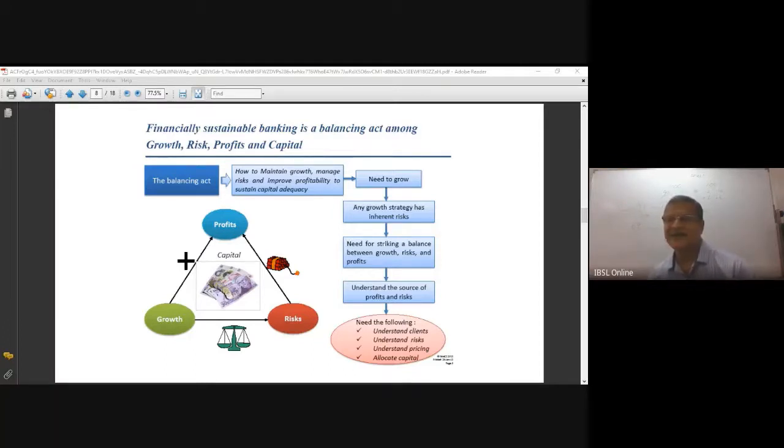Then Ajipan wants to know the homework. What I want you to do is to download: go to Google and type directions by CBSL, directions to licensed commercial banks by CBSL.